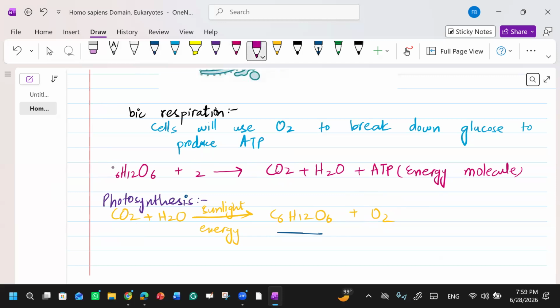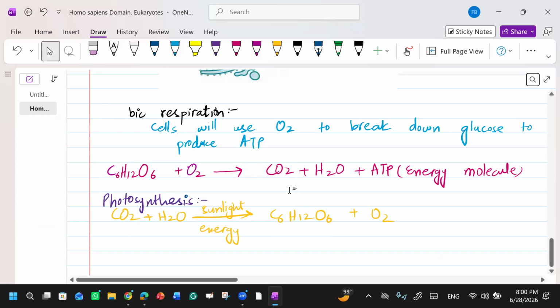So simply, the oxygen which is produced by the plants is used by us, and at the same time we exhale carbon dioxide, and this carbon dioxide is used by the plants.